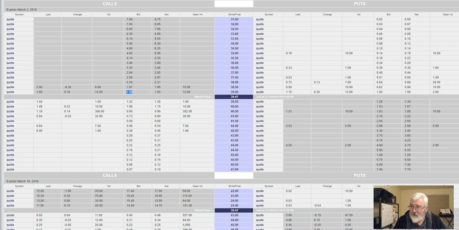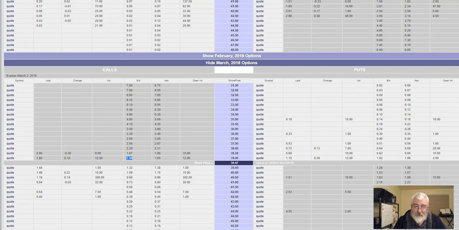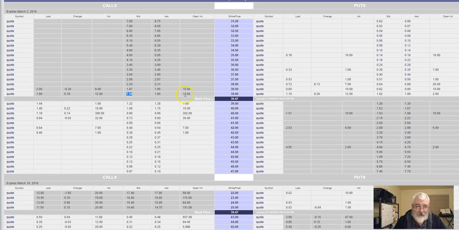That's why we picked a month like March, because when it gets to its expiration date, which is the third Thursday in March, this will become worthless, and by that I mean zero. So the worst case scenario, you've lost $158 on this trade.